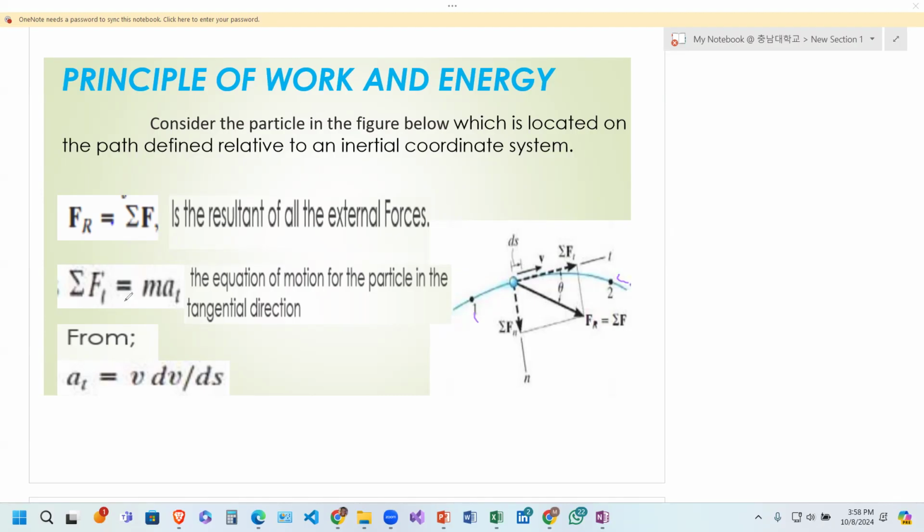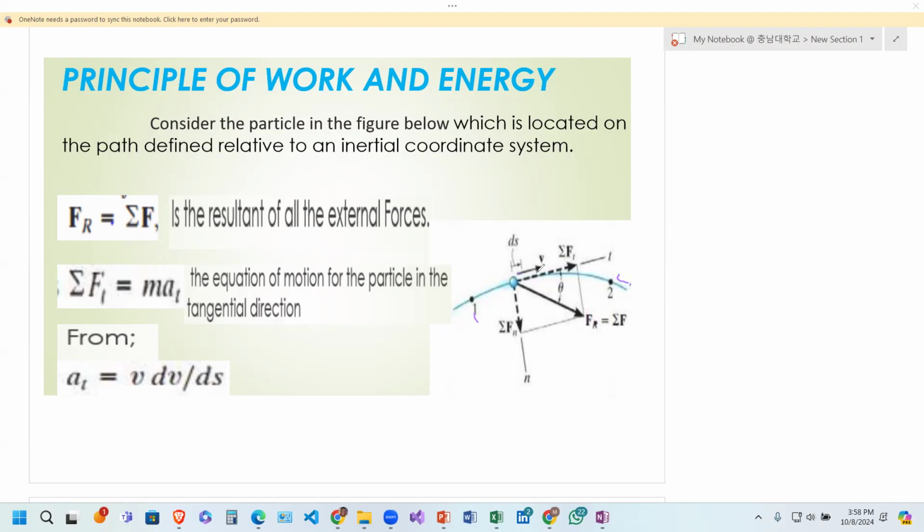So now the summation of F, which the body is acted on by, is given by the mass times acceleration. Remember, in the previous lecture, we said that force is the same as ma, mass times acceleration. This is the equation of motion for the particle in the tangential direction.